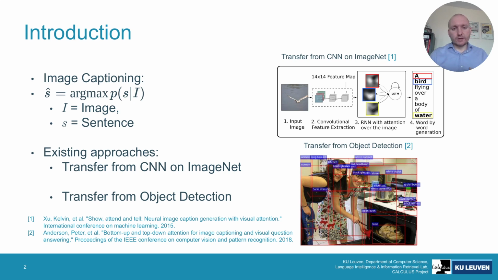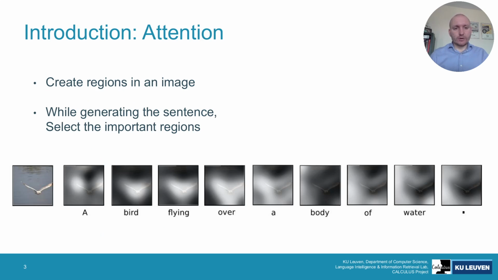Now, how do we group this information from an image and from this set of objects? We do that by using attention, and I assume most of you know what attention is, but in image captioning we do attention by having a set of regions in an image, and these can be global regions or they can be the object regions.